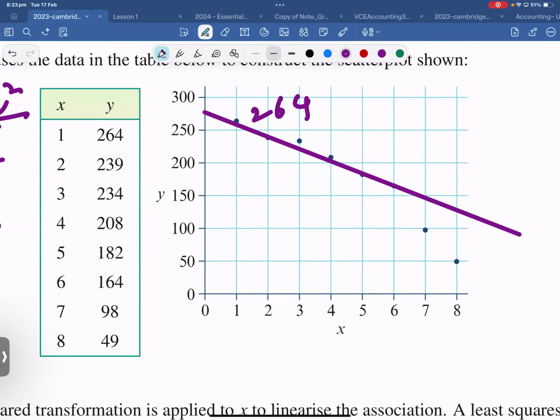The linear equation can be something like that as well. It can come below that line, below 264, if the regression is, you know what I mean? Because it can change the other values.